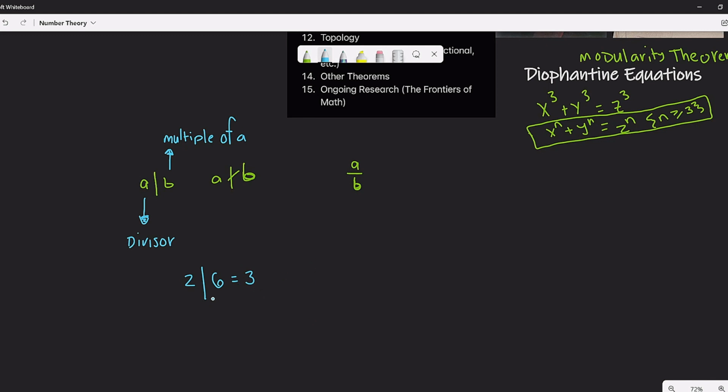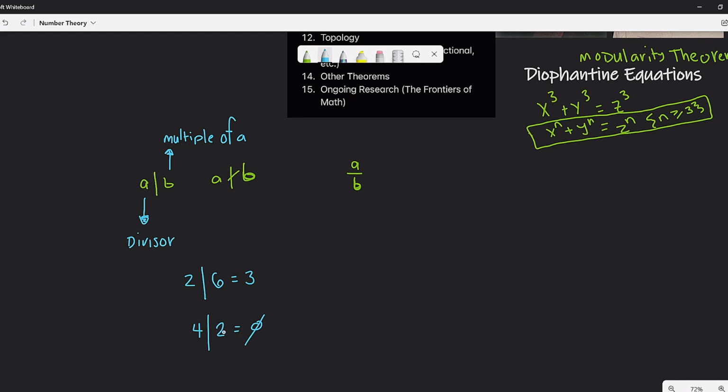An example where this is not the case would be 4 does not divide into 2. This is not true. And there are proofs for all of this. I'm just avoiding that because I think it's simpler to just do it this way. 4 does not divide into 2 because 2 is not a multiple of 4.